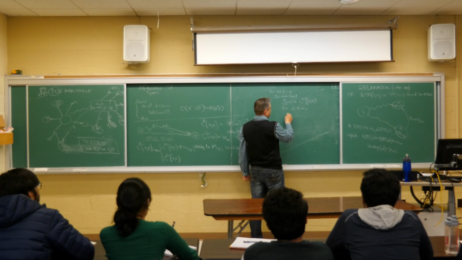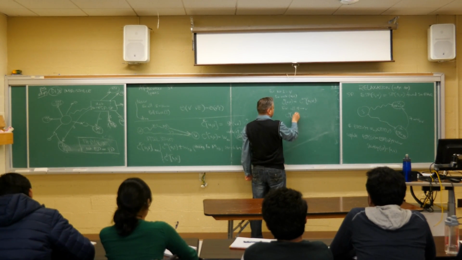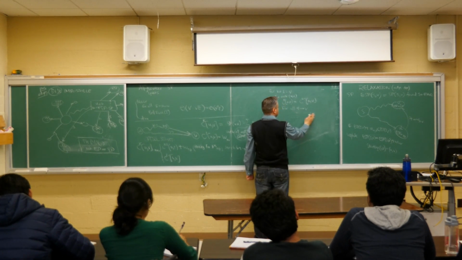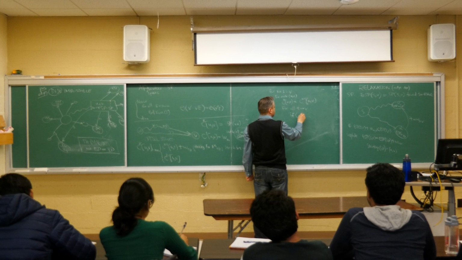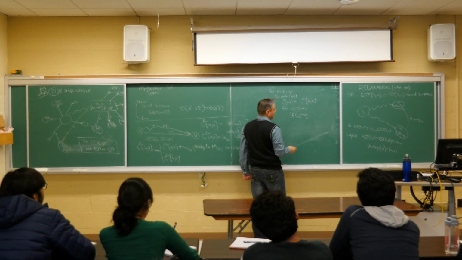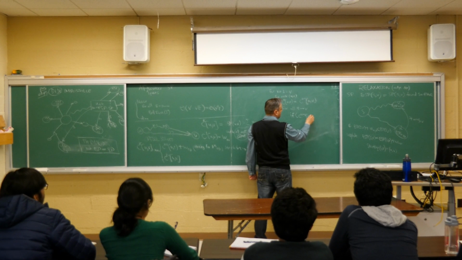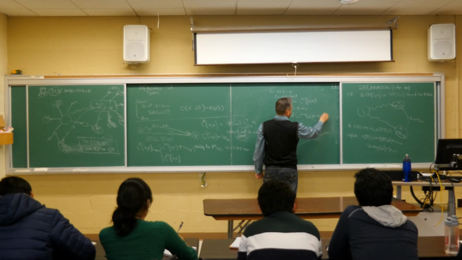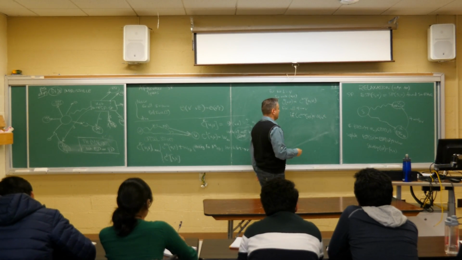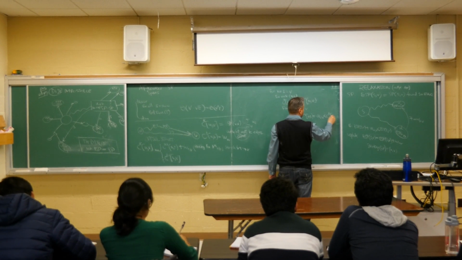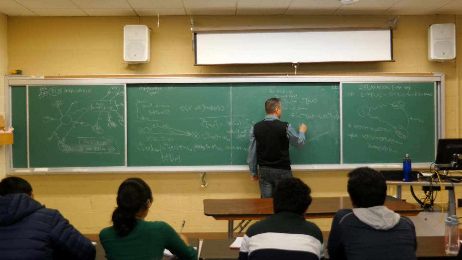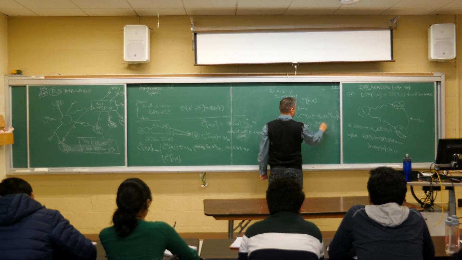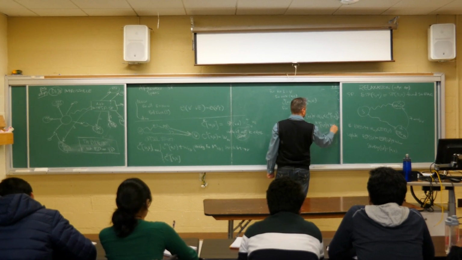I check, I say C k of UV is the minimum between, actually let's do the if thing more explicit. If the C k minus 1 of U t plus the edge tV is better, meaning smaller in this case, than the current C k UV, then I make C k UV be C k minus 1 of U t plus the edge tV.